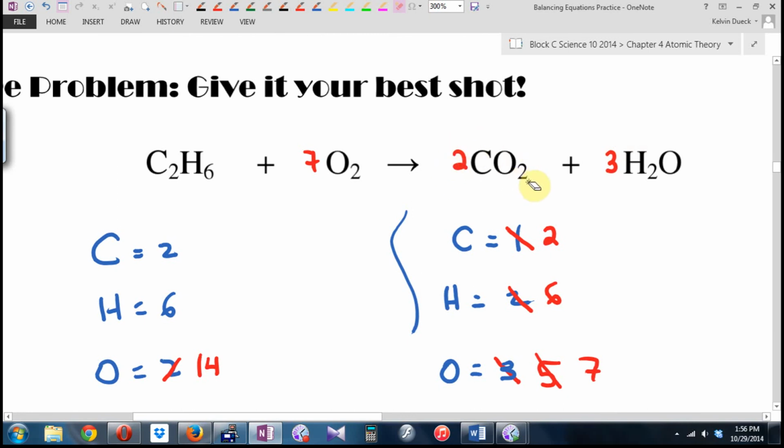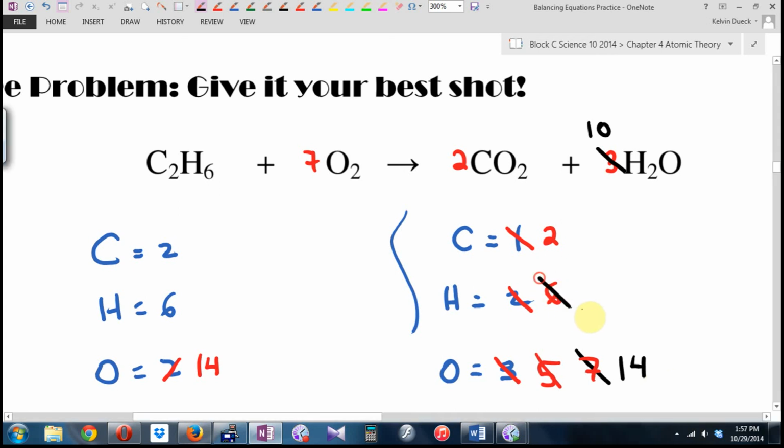So you know what? I'm grasping at straws right now, absolutely. But let's try turning this into 10. That gives me 14 on the right. But now what's out of whack? Hydrogen.